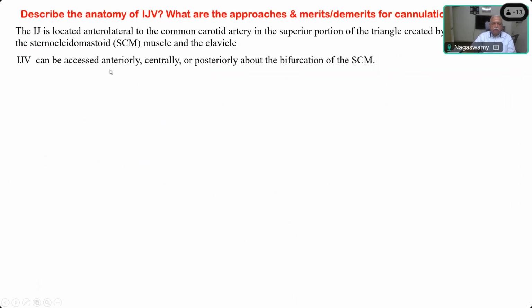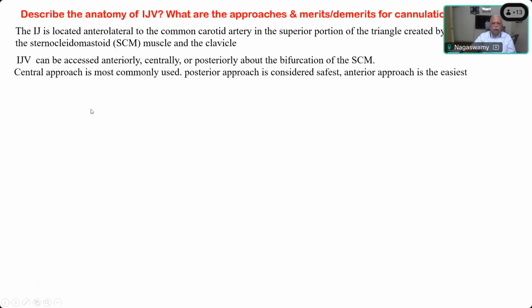It can be accessed by anterior approach, central approach, or posterior approach, about the bifurcation of the sternocleidomastoid muscle. Central approach is the most commonly used, posterior approach is considered safest, and the anterior approach the shortest and easiest.